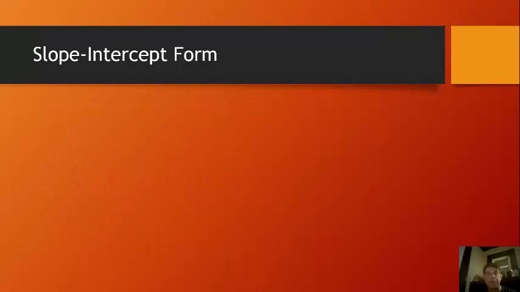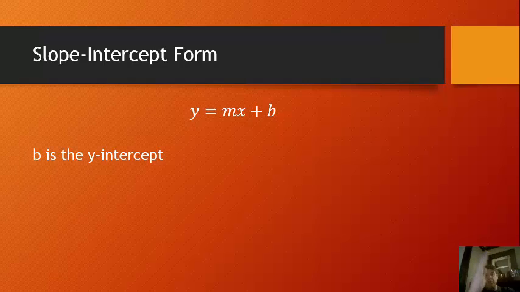So let's start with the slope-intercept form. Y equals mx plus b. So the b is the y-intercept. If you put a line equation into this format, the b tells you exactly where the line, however it's going, crosses the y-axis. And that makes sense because where does a line cross the y-axis?